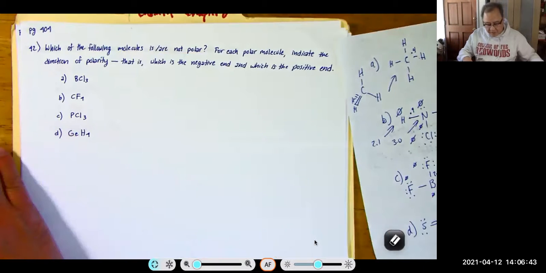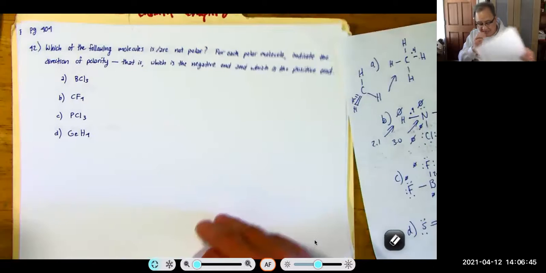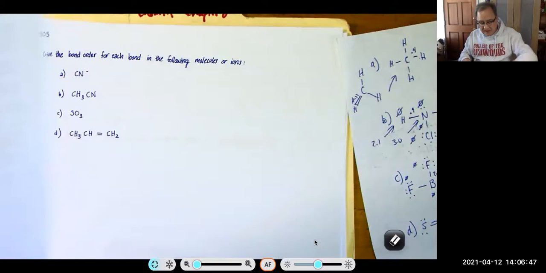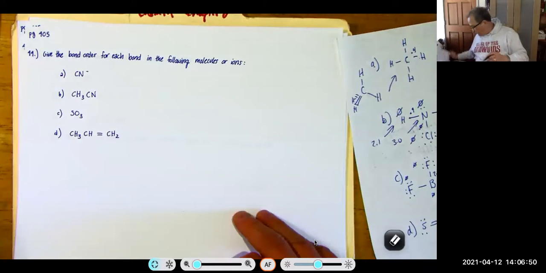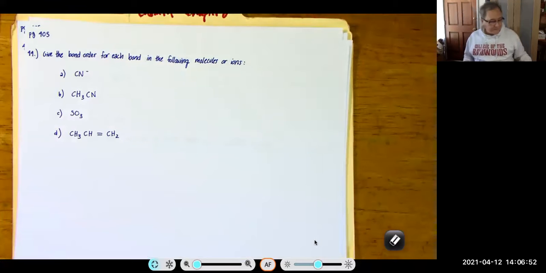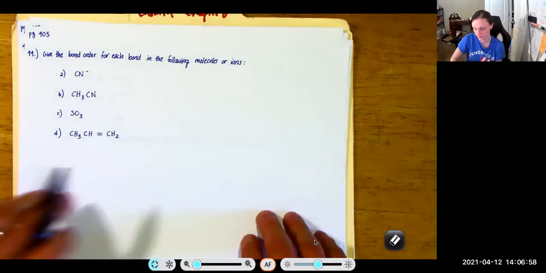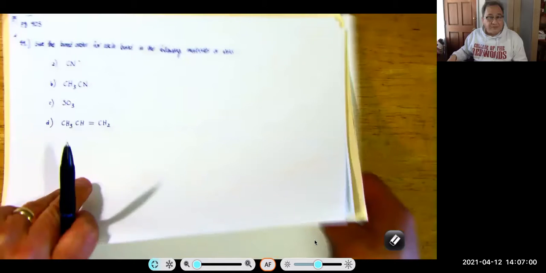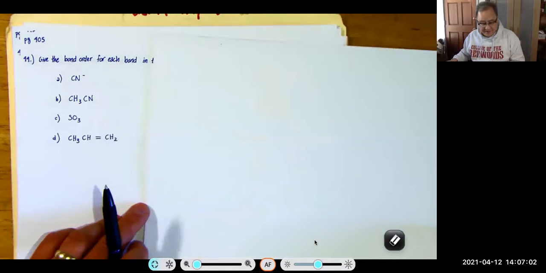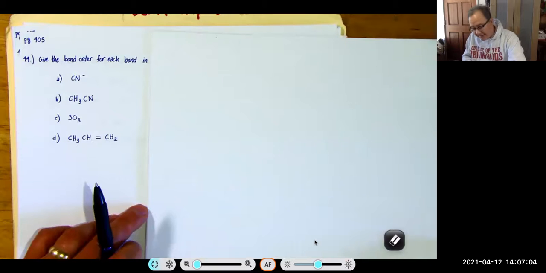So we've already done one like this. We're going to skip this one. Give the bond order for the following molecules. So CN is going to look like this.